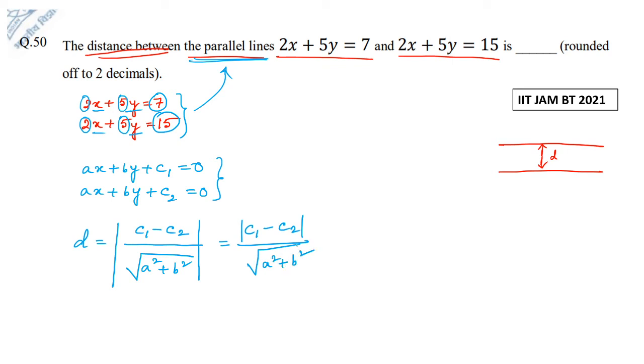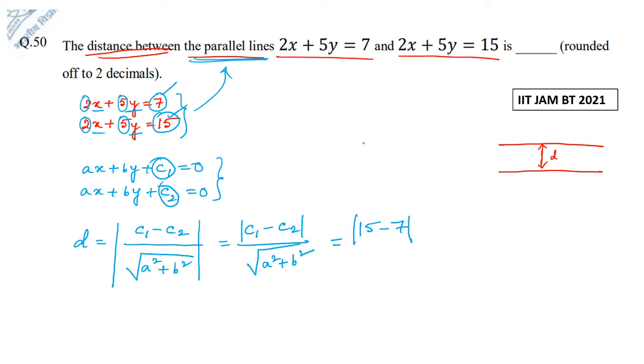Actually, mod of c1 minus c2 is the difference between c1 and c2, that is the difference between this 7 and 15. We can write mod of 15 minus 7 or 7 minus 15, whatever we write, we will take only the positive quantity, not the negative one.